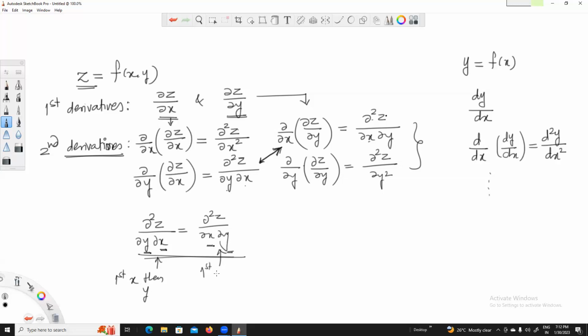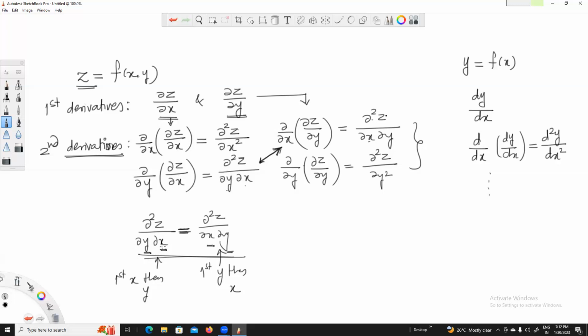So here first y and then x. But I am saying that both are equal. Both are equal means whether you differentiate with respect to x first or y first, your results would be the same. So the sequence of differentiation is not important unless you are ultimately differentiating the same number of times.